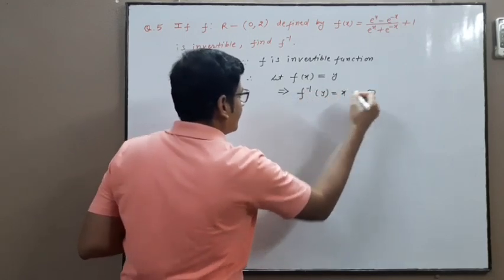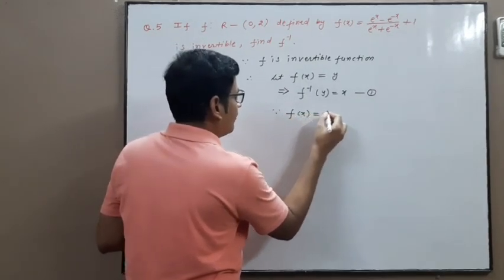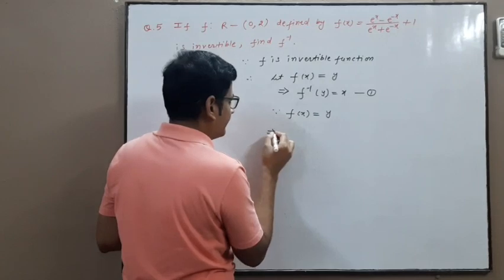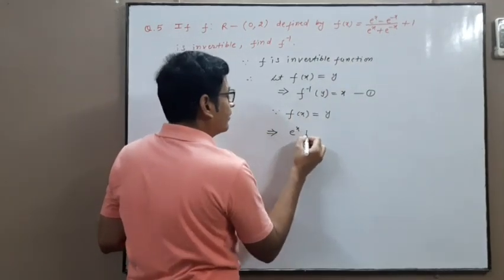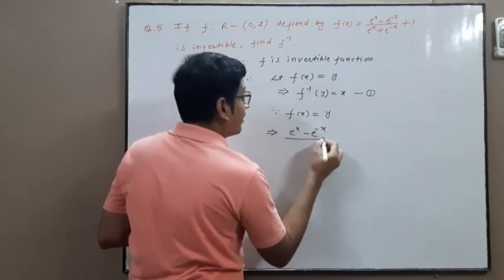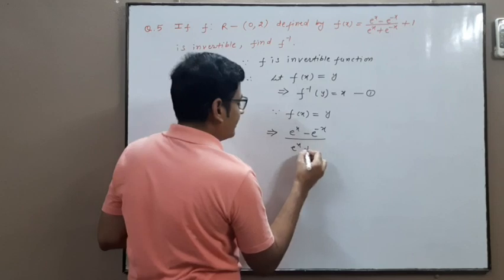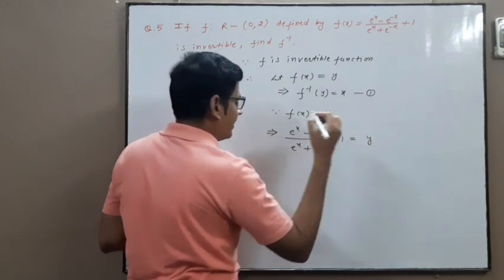This is equation number 1. Since f(x) equal to y implies substitute value of f(x): e to the power x minus e to the power minus x upon e to the power x plus e to the power minus x plus 1 equal to y.